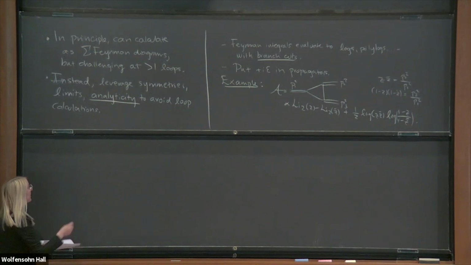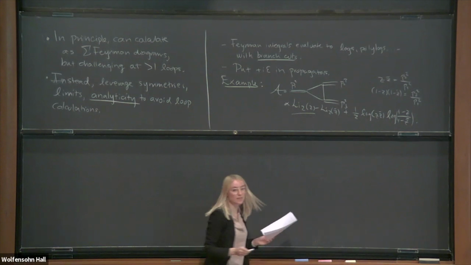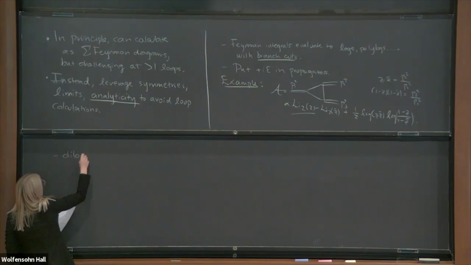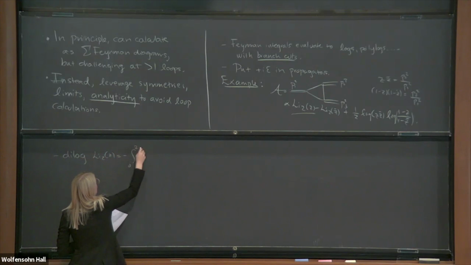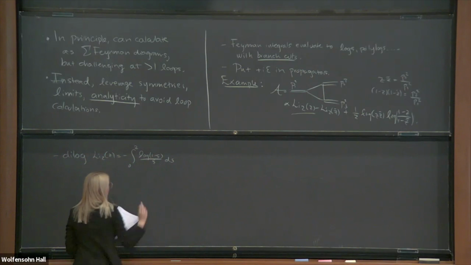What I want to focus on here is the first term of the amplitude, the dilogarithm. The dilogarithm is a function that can be written as minus the integral from 0 to z of log(1 minus s) over s ds.